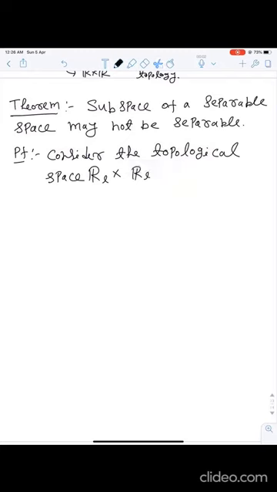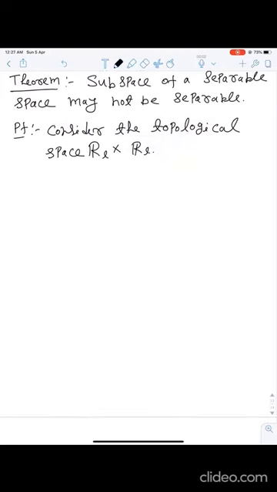Okay. Now consider this topological space. Now we know that R_L is separable, right? And we also know that the product of two separable spaces is separable.